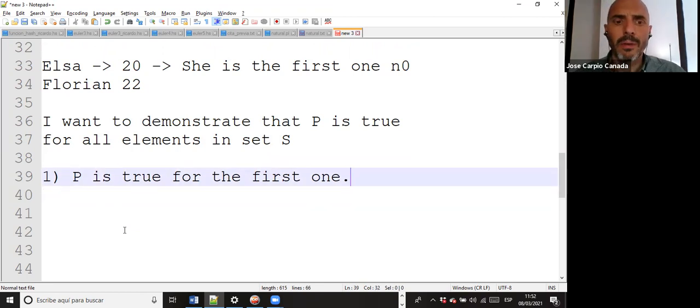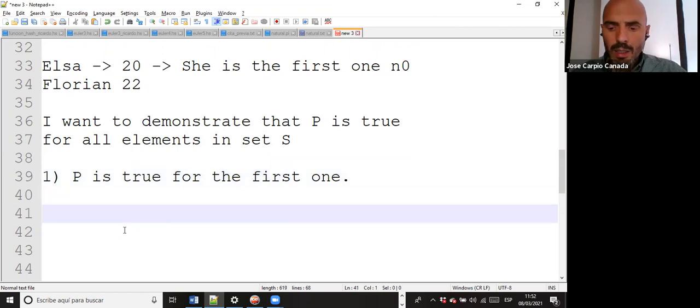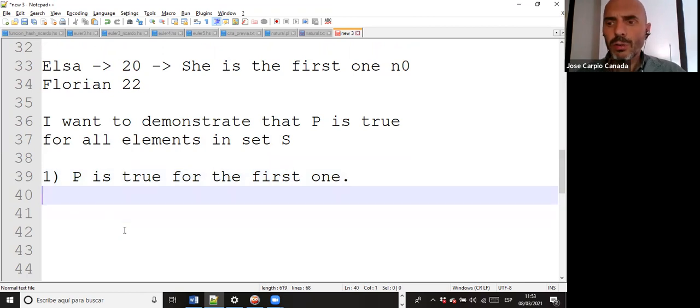It's a very, very important thing. If not, it's not possible to use induction. Whatever idea, concept or problem I want to resolve has to be true for the first one. For example, I want to create a program to say whether everyone in the classroom is human. So this concept of being human has to be true for the first one.